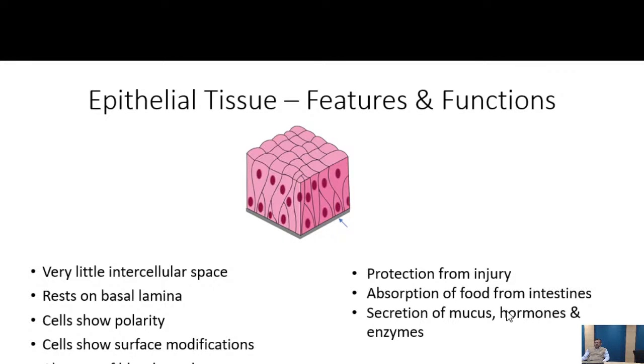So all these are produced from the glands, and of course in the gut, it also produces the digestive enzymes, like the pepsin, like the cholecystokinin, like the lipase, which helps in the digestion of food. So when you look at the functions, then these are some of the main functions of the epithelial tissue.